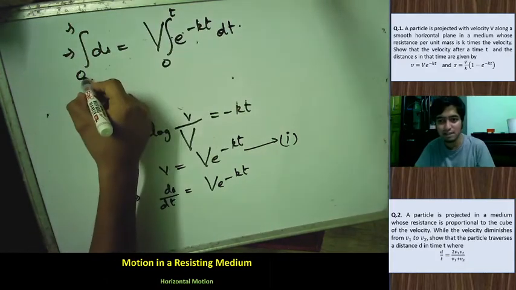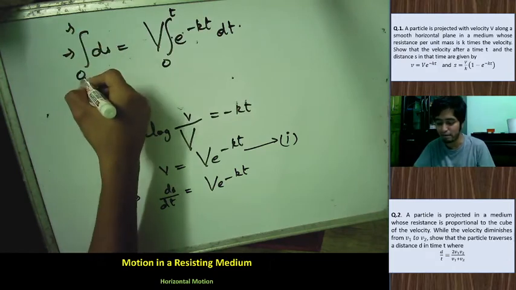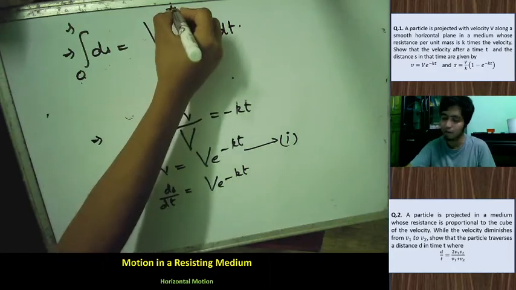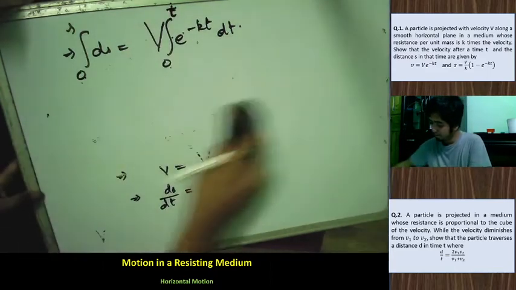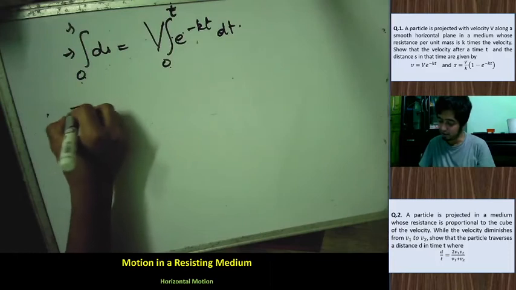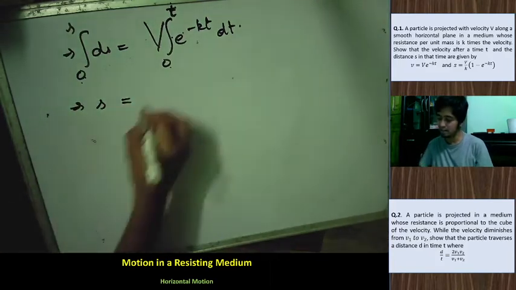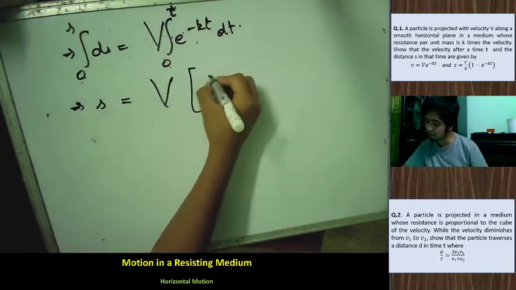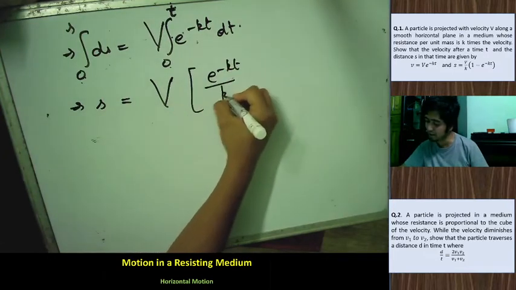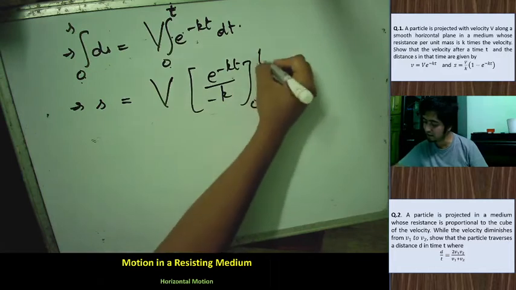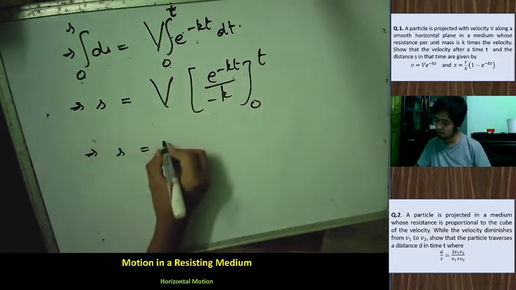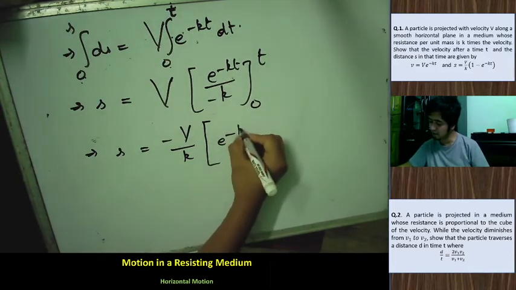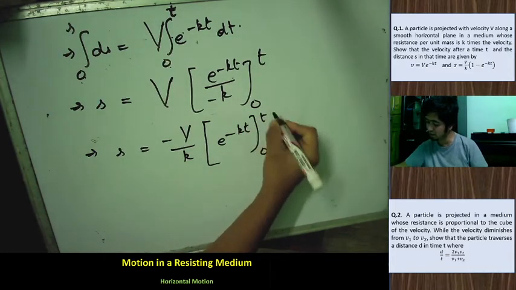The limits for the distance are 0 to s, because it travels from the point O to the point P. Integrate, you will be having s. Capital V is constant. Integration of this one will be e power minus kt over minus k, so minus V upon k e power minus kt from 0 to t.